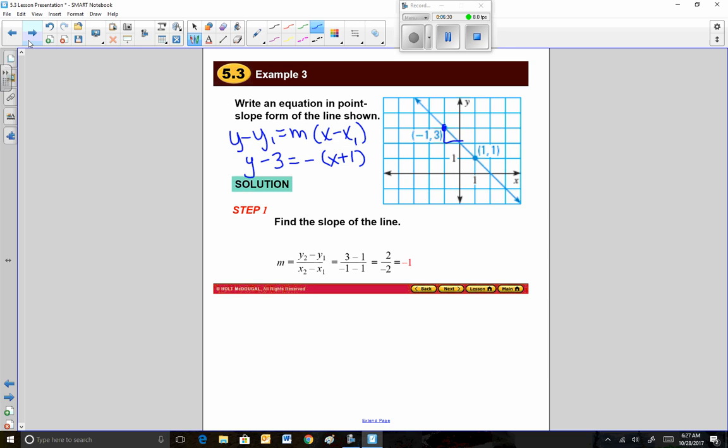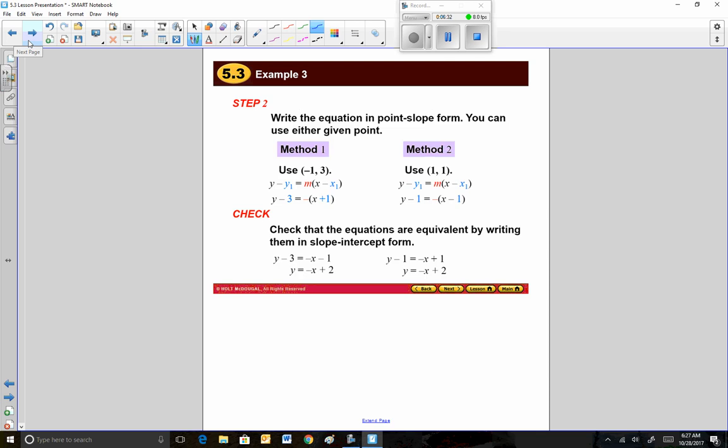Let's take a look. And notice they have the exact same answer here. How did they get this answer? They used the point 1, 1. They plugged in 1 here, and the negative slope there, and there's the other equation. Now you can actually see that these will both, if you use your algebra skills, like having -x, -1, distributing the negative sign, add 3 to both sides, you will get this equation.